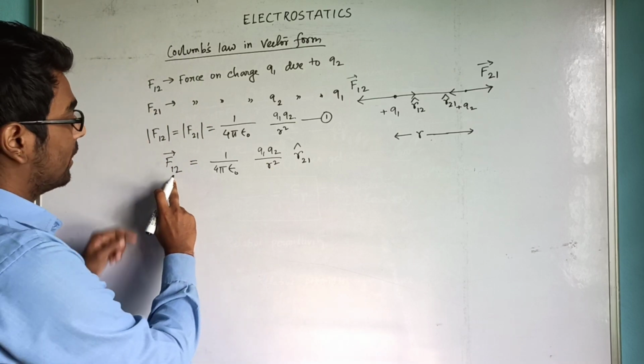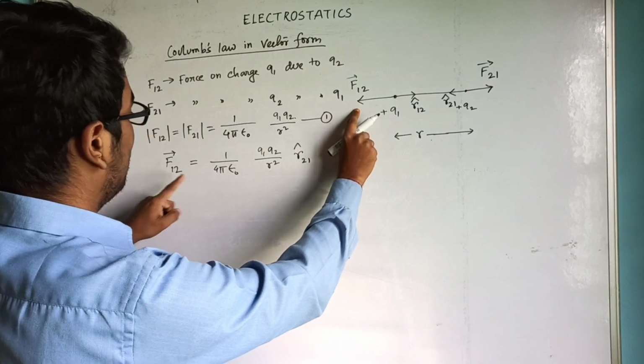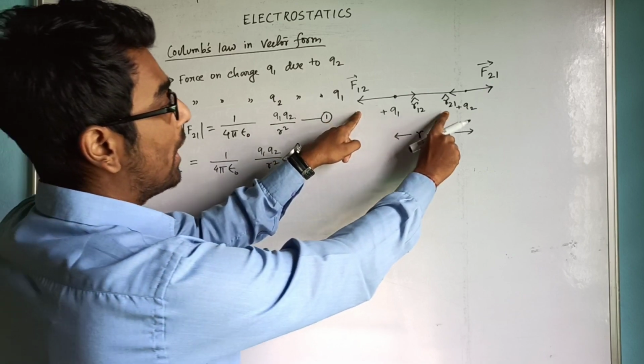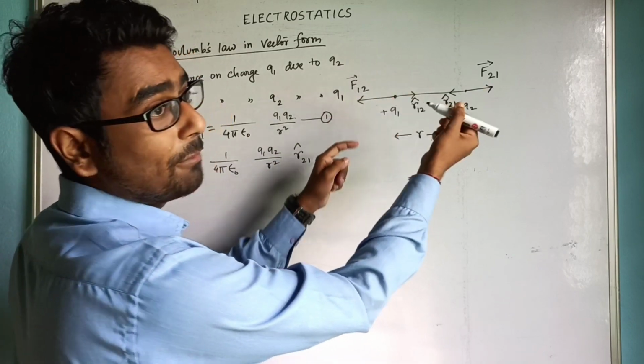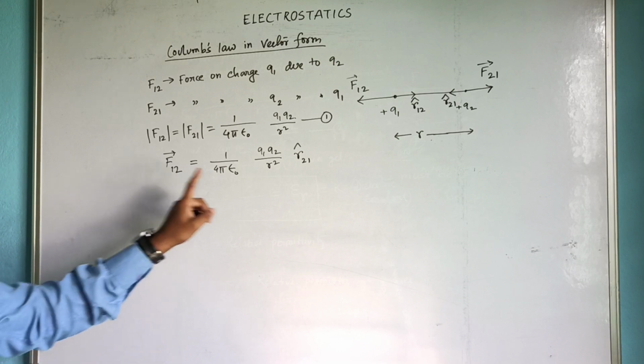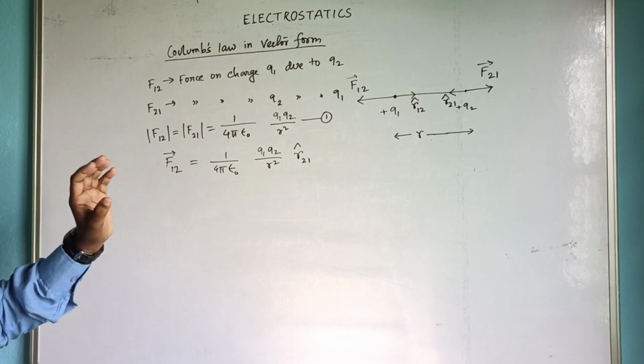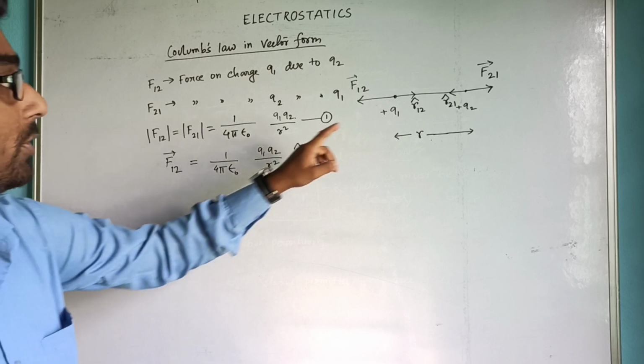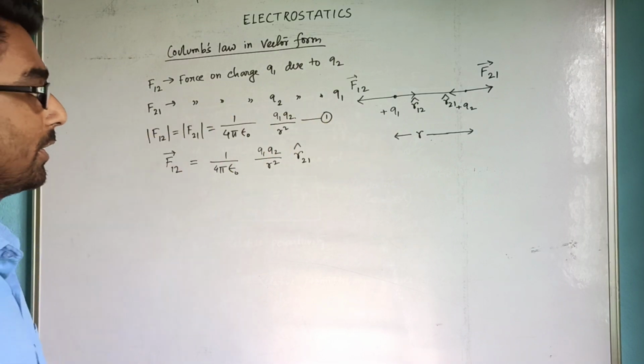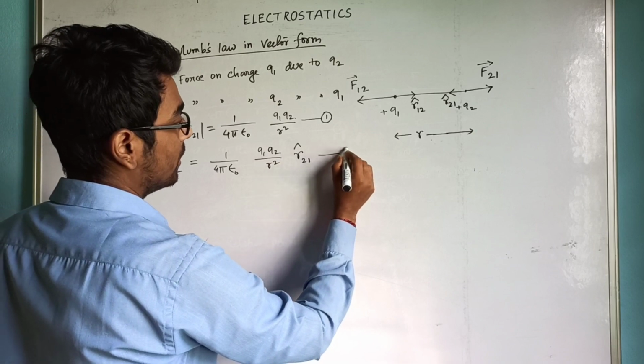See, the direction of F12 and R21 is the same, the left direction. So both directions match. So the force acting on Q1 will be in the left direction. Suppose it is equation 2.